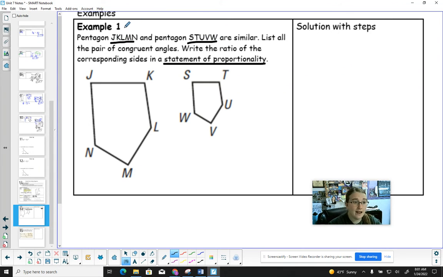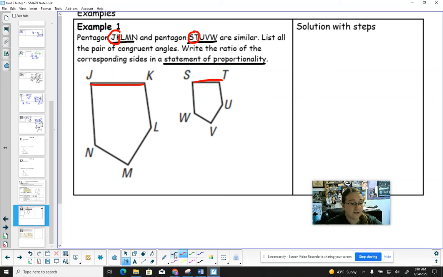Now again, you guys should know by now that the order of the letters is no accident. It's very intentional, right? So JK being the first two letters and ST being the first two letters is no accident. We can actually see kind of based on this picture. Can't always tell based on the picture, but those correspond to each other.